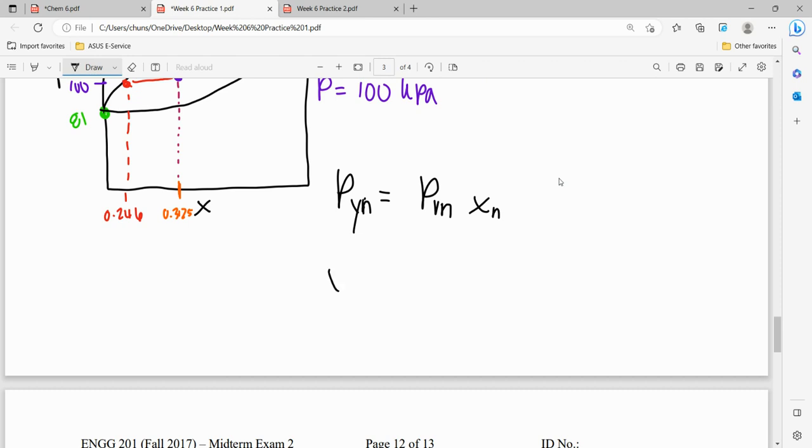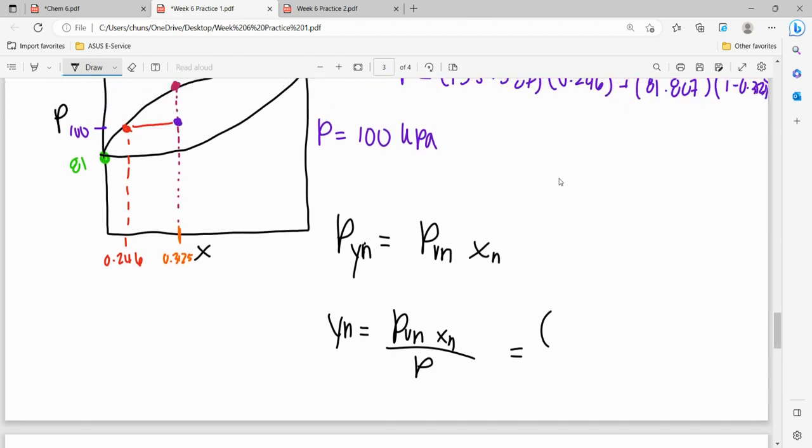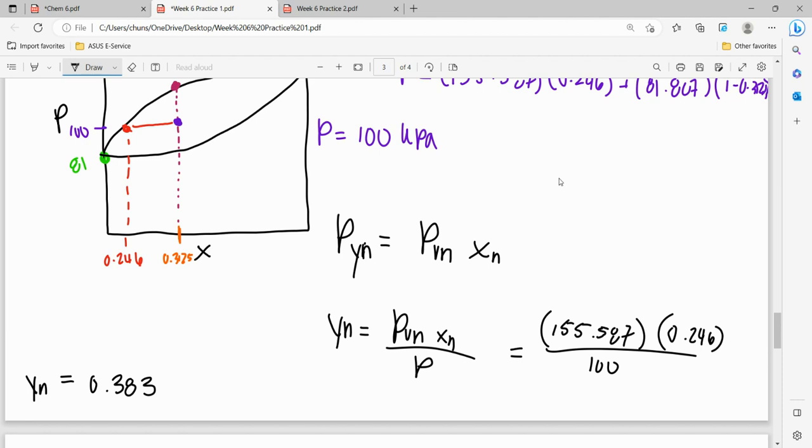If we isolate for our vapor and plug in, the vapor pressure of nonane was 155.587 kilopascals times 0.246, divided by 100, and this gives us an answer of 0.383.